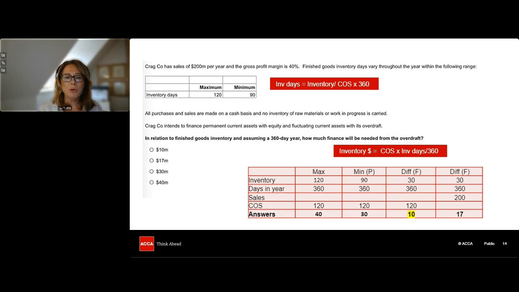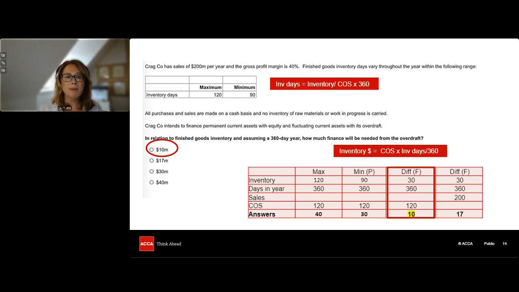And here are all the possible answers. The right answer is 30 days converted into 10 million. So that's 30 over 360 times by 120 is 10. That's our correct answer. But as you can see, all those other answers are there if you make a mistake.